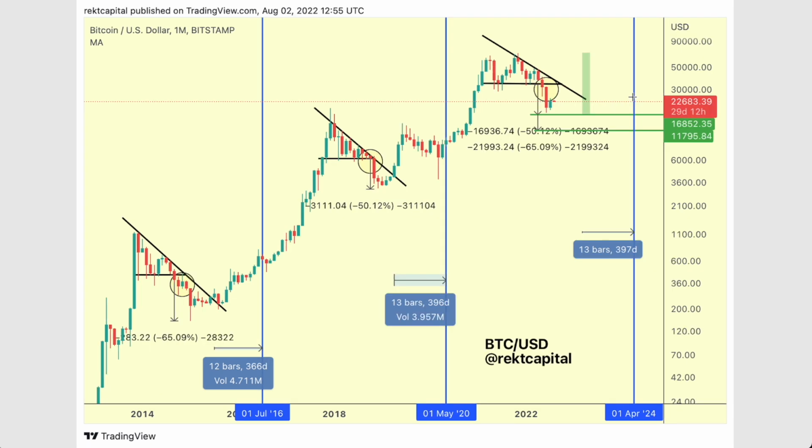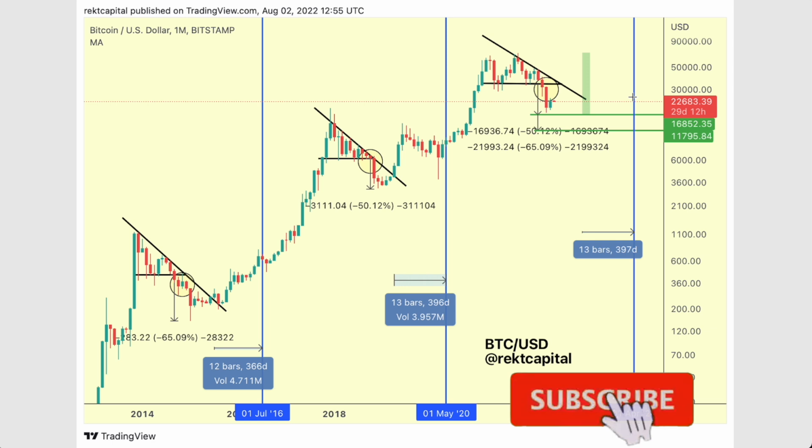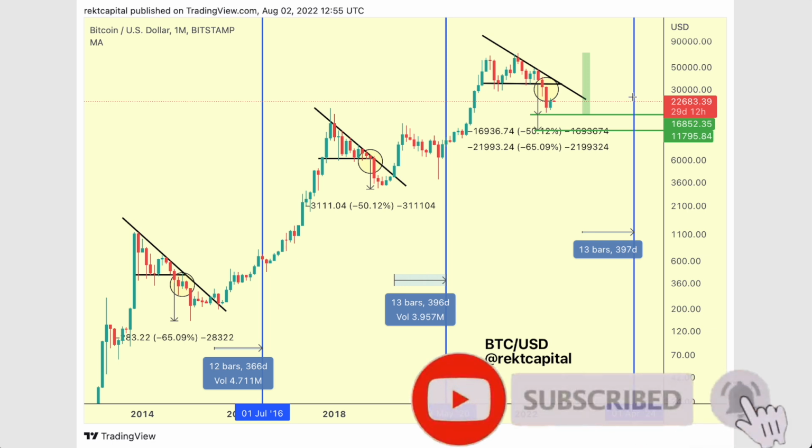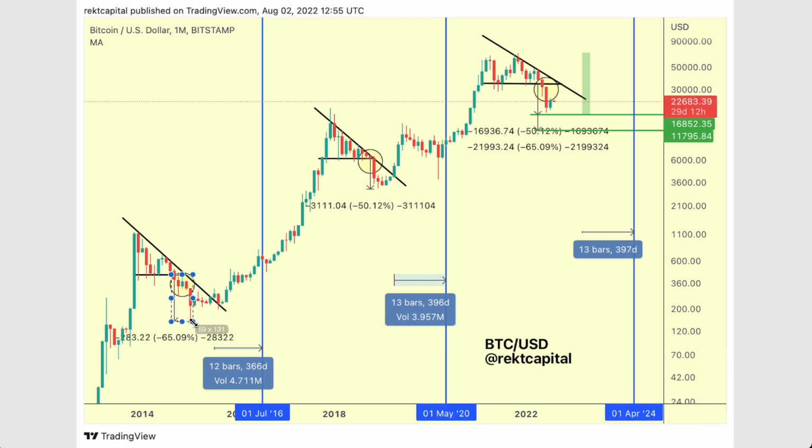So one of the things to bear in mind here, and this is going to be something that applies across cycles, is, first of all, retracement depth upon breakdown from the Bitcoin macro triangle. We see a retracement depth of around, historically speaking, 50 to 65%.